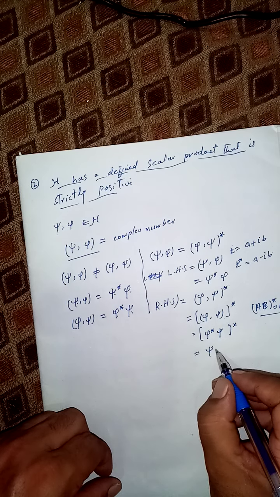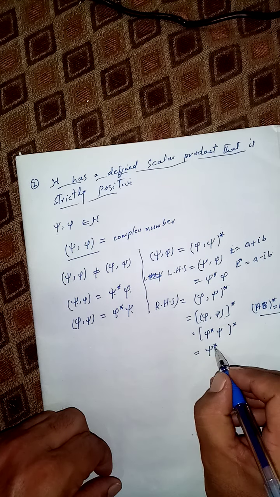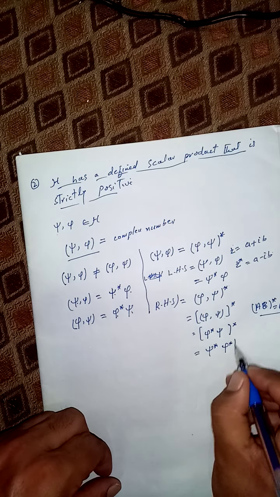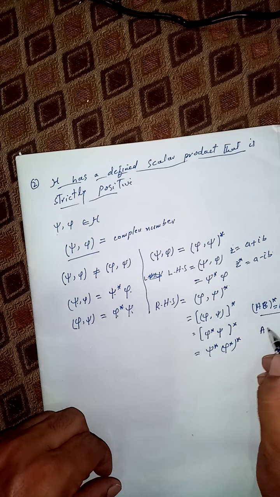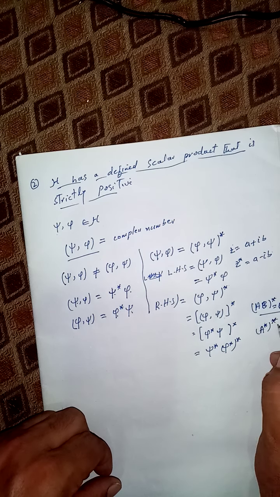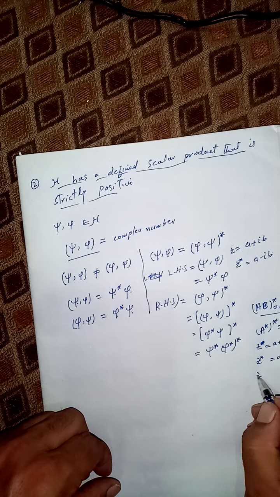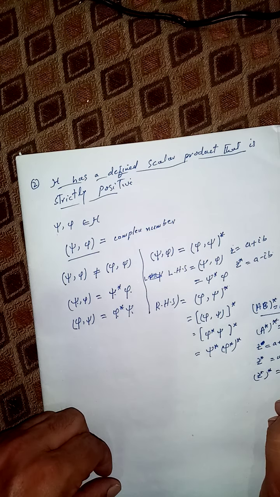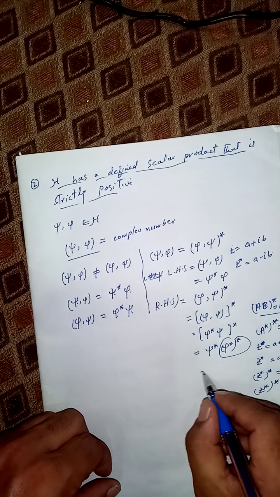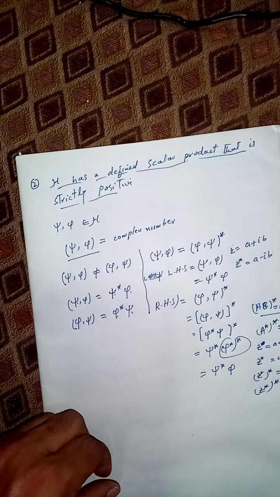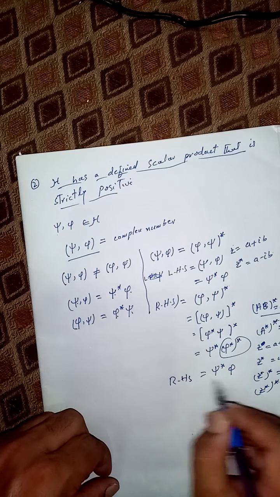Apply this property here, so it becomes psi star phi star, whole star, and we know that a star whole star is equal to a. For example, z is a complex number a plus i b, then z star is equal to a minus i b. If we take again the complex conjugate, we get a plus i b. So z star whole star is equal to z. So from this I will get psi star phi. Right hand side is equal to this.